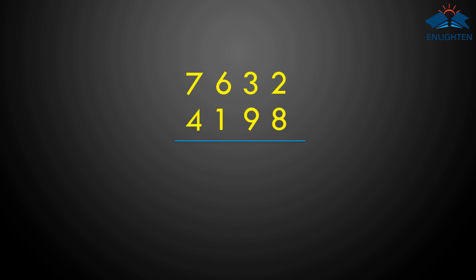Let's do another example. 7632, 4198. Split into two halves. Add 76 and 41. 41 is close to 40. 40 plus 76, 116. Now add leftover 1, then 117.